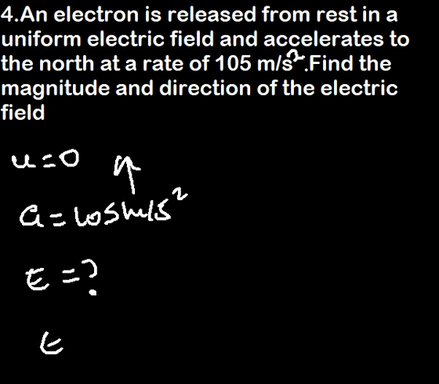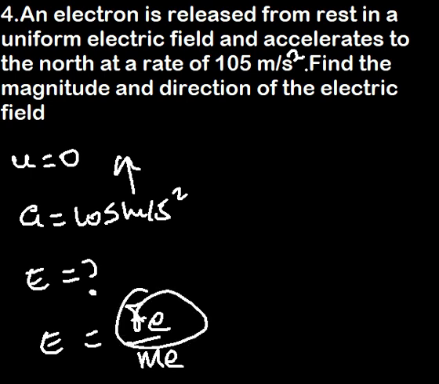So the electric field will be given using the formula electrostatic force divided by the charge of the electron. But how should we have the electrostatic force? Now, this particular electrostatic force will be the same as the gravitational force, that is mg.